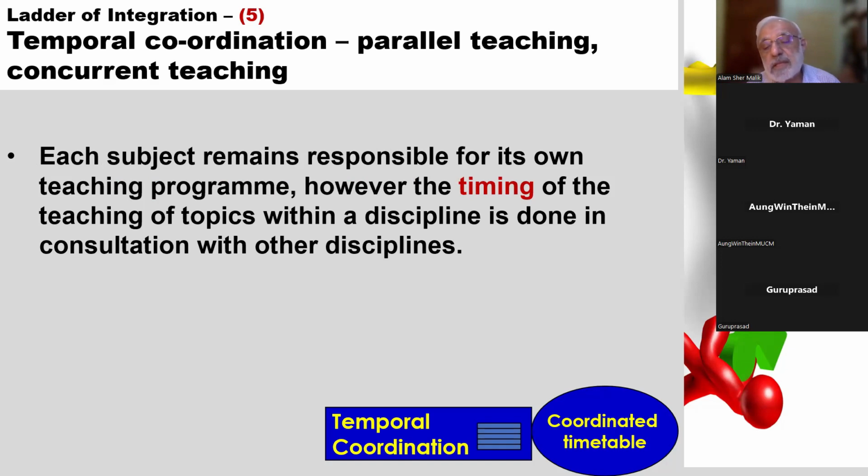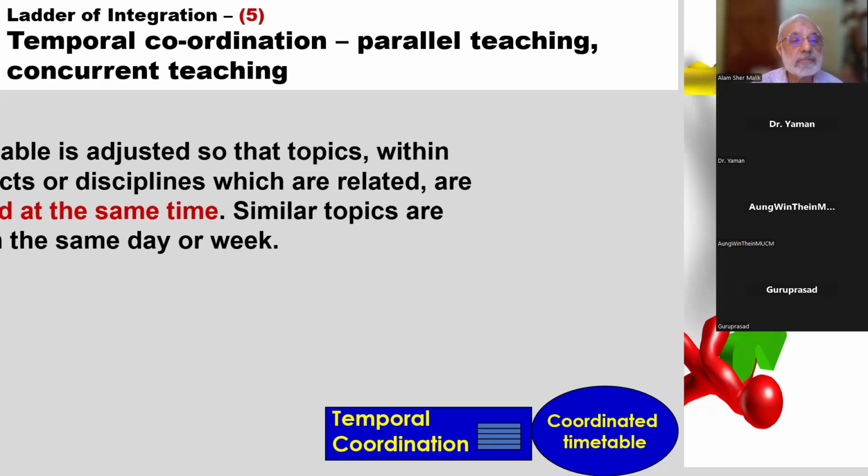So previously, there was no consultation, no coordination at all. But by level 5, there is some coordination between the different disciplines. And when they are preparing the timetable, they prepare a coordinated timetable so that the timing of teaching of topics within the discipline is done in consultation with other disciplines.